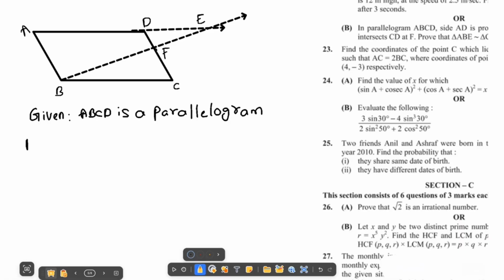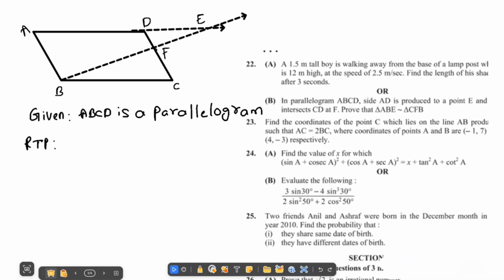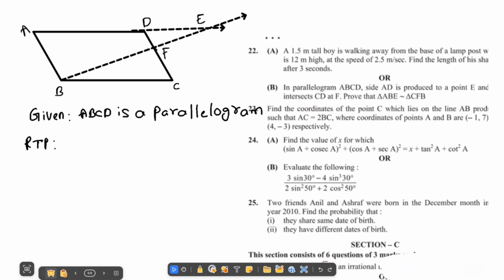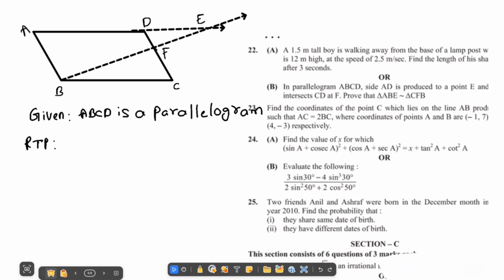So we have to prove that, what we have to prove, triangle ABE is similar to triangle CFB.